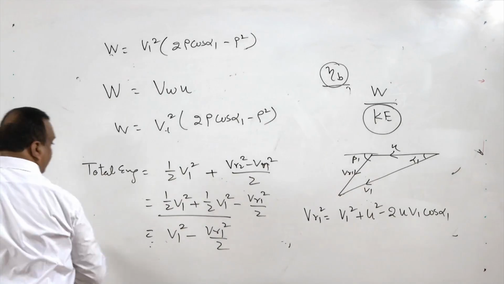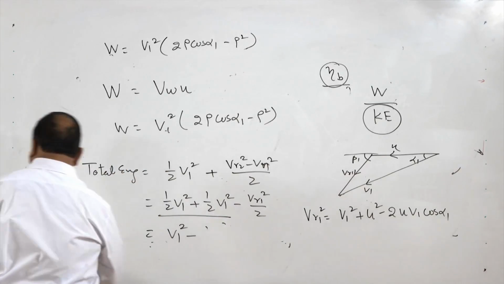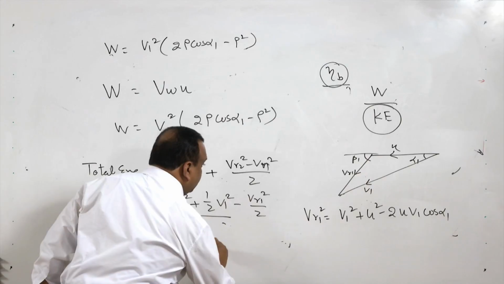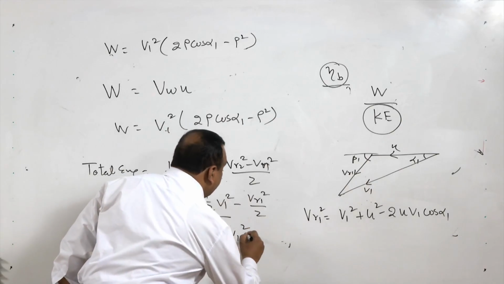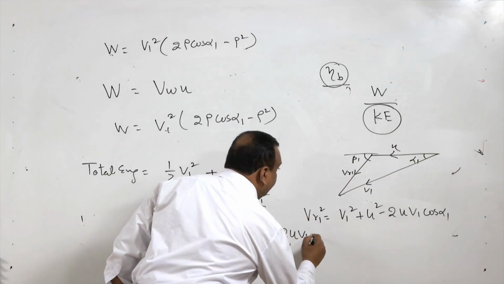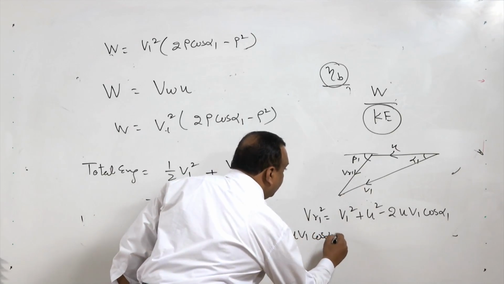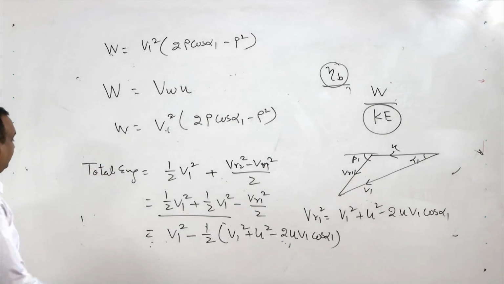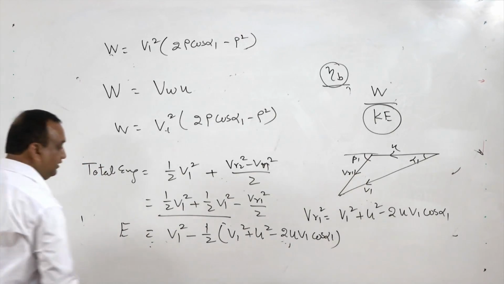So instead of VR1 square by 2, we will write half V1 square plus U square minus 2U V1 cos alpha 1. That is the total energy E, kinetic energy.